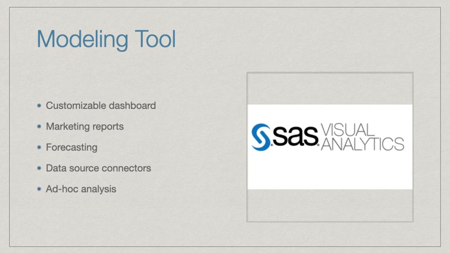A modeling tool that I decided to use is a good company, one of the top companies that I've seen in the business intelligence realm. It's SAS Visual Analytics. Some of the features that they have are customizable dashboards, marketing reports, forecasting, data source connectors, which we were talking about as far as finding your sources and pulling them, and ad hoc analysis.